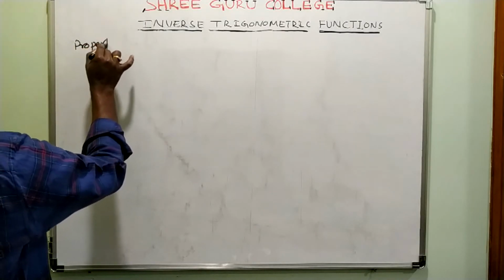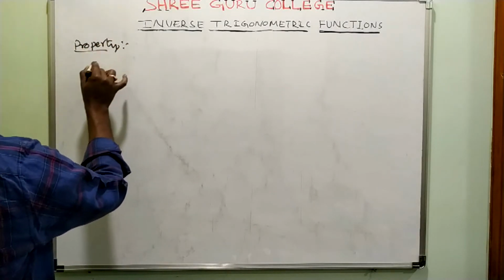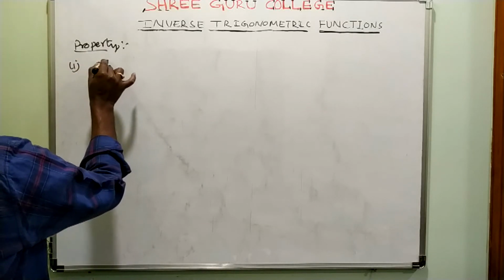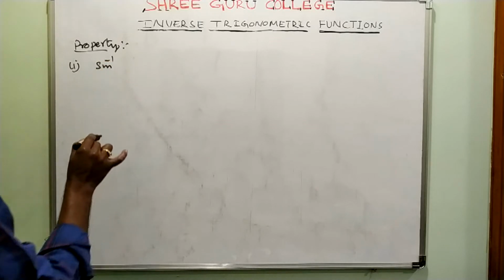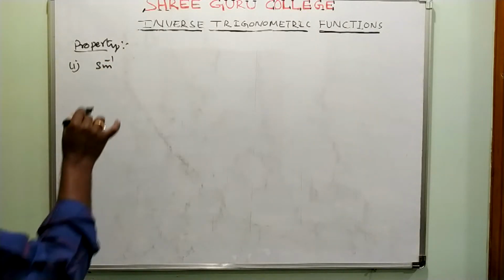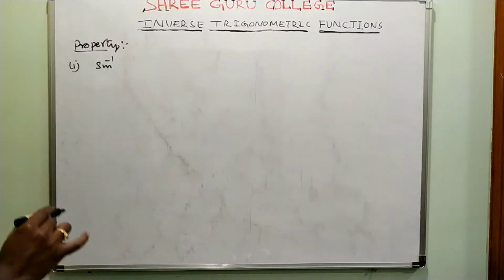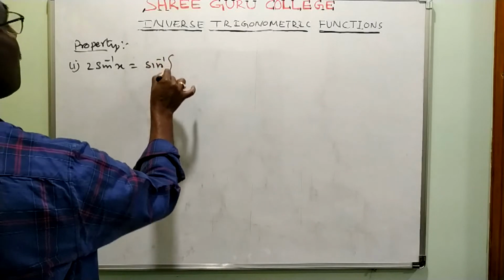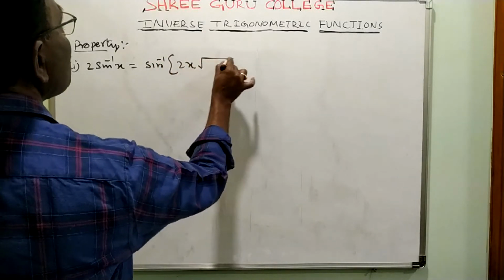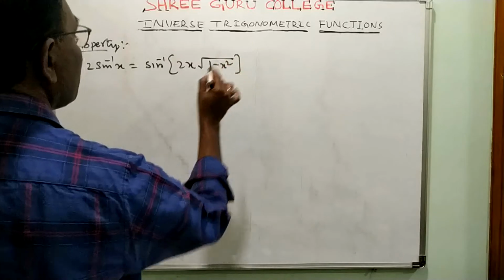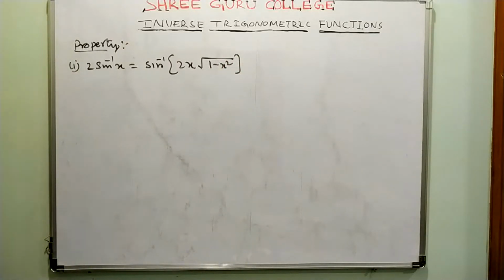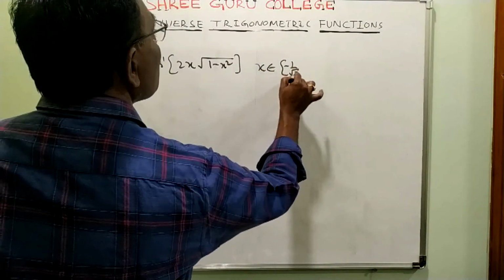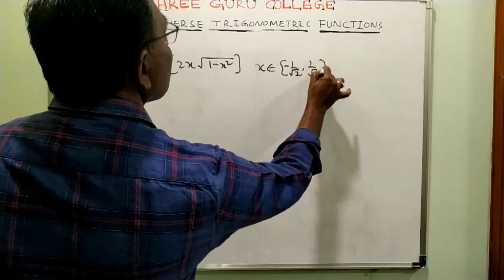Another property: 2 sin inverse of x is sin inverse of 2x into root 1 minus x square, where x belongs to minus 1 by root 2 to plus 1 by root 2.